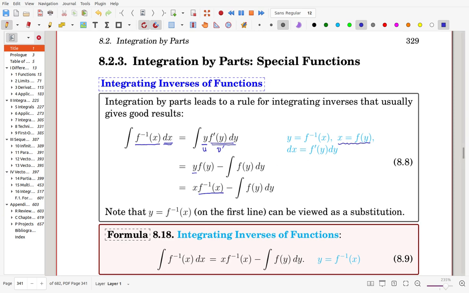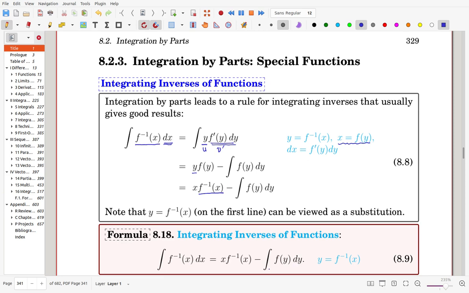So it changes into a function of x. So we summarize: the integral of f inverse of x dx is the same as x f inverse of x minus the integral of f of y dy.